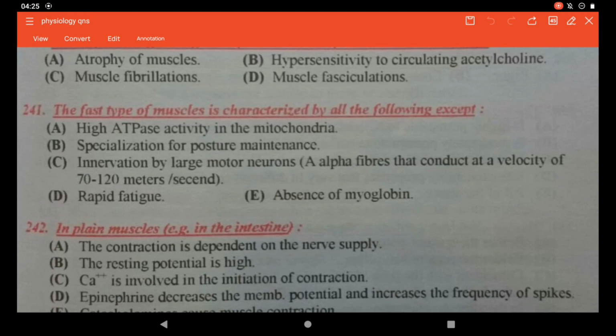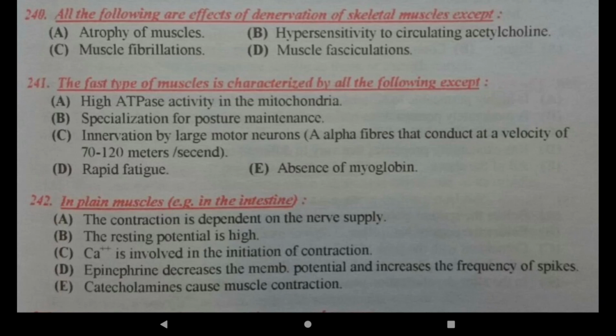We go to the next question. The first type of muscles is characterized by all the following except: A. high ATPase activity in mitochondria, B. specialization for posture maintenance, C. innervation by large motor neurons, in brackets alpha fibers that conduct at a velocity of 70 to 160 meters per second, D. rapid fatigue, E. absence of myoglobin.